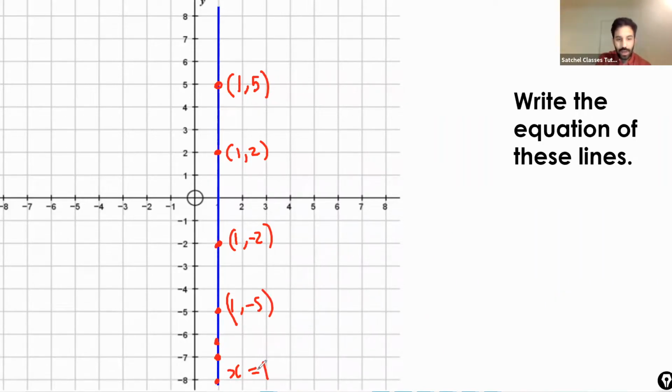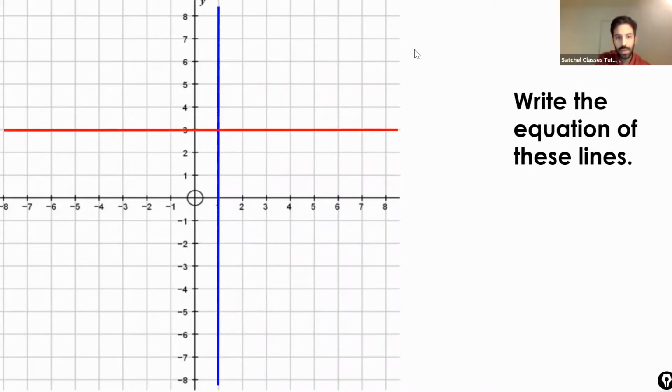So the equation of this line is x is equal to 1. Let's try another one. I'm just going to erase this. So again, if you wanted to pick some points on this line here, what we have is 2, 3.